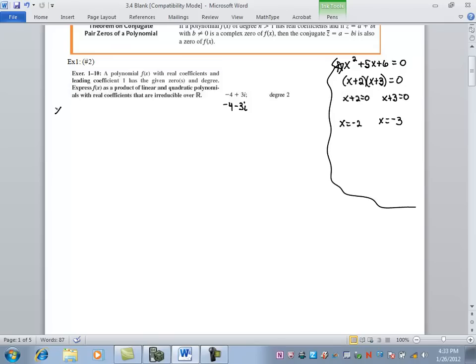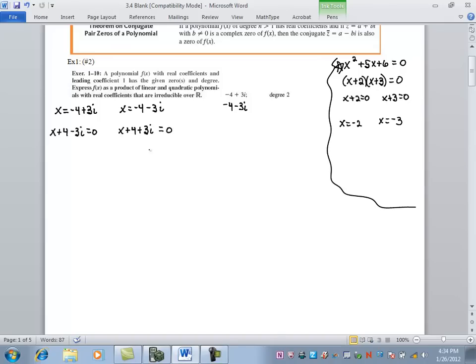So I'm going to start with my roots, x equals -4 plus 3i, x equals -4 minus 3i. And so here we go. We've got x plus 4 minus 3i equals 0. We have x plus 4 plus 3i equals 0.